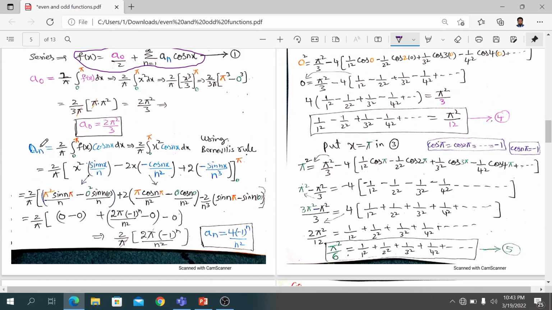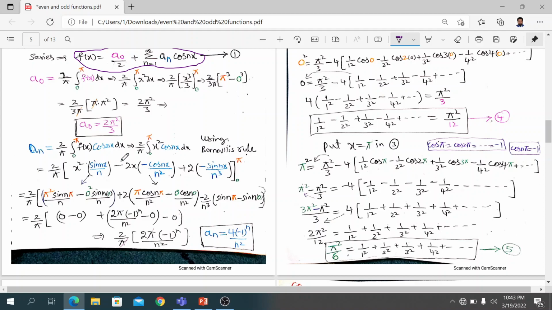Next, the an formula is 2 by pi integration 0 to pi f of x cos nx. What is f of x? X square. So there is a multiplication, using Bernoulli's rule. So this is u. The formula is u minus u dash plus u double dash. So x square, minus derivative of x square, 2x, and the derivative of 2x is 2.